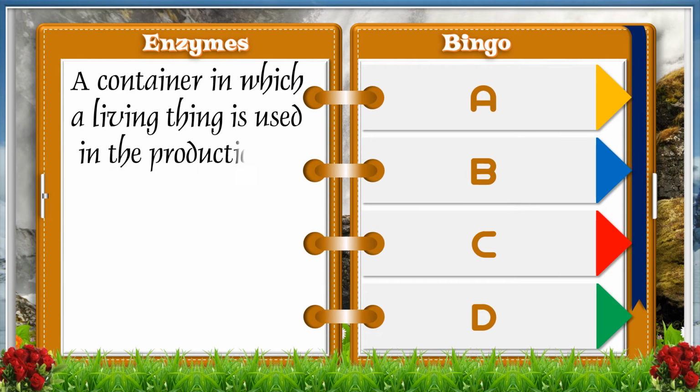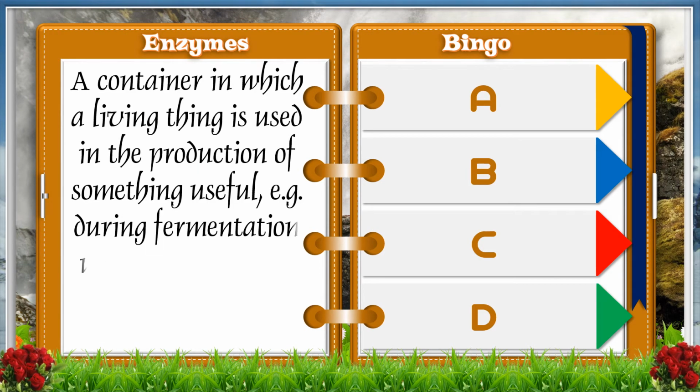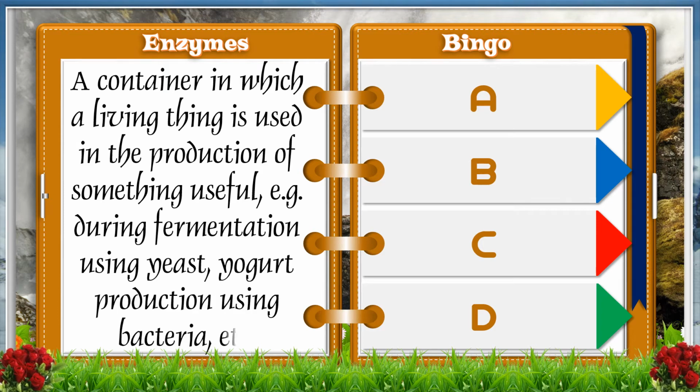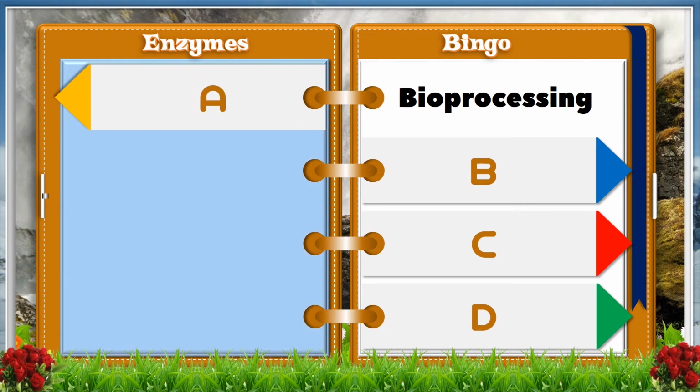A container in which a living thing is used in the production of something useful, e.g., during fermentation using yeast, yogurt production using bacteria, etc. A. Bioprocessing.